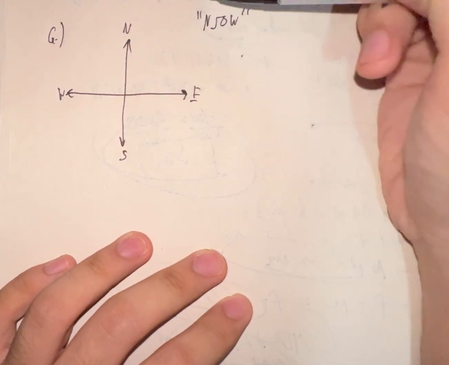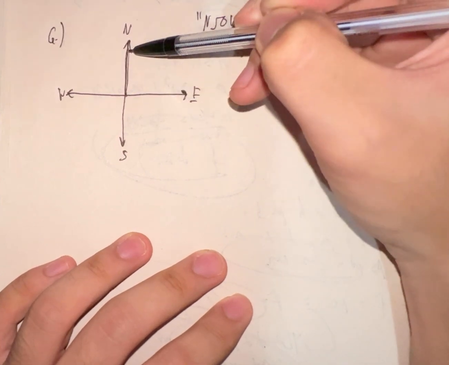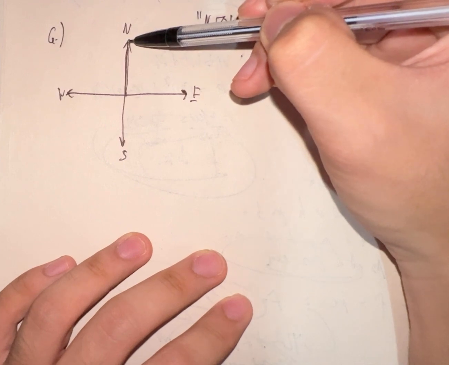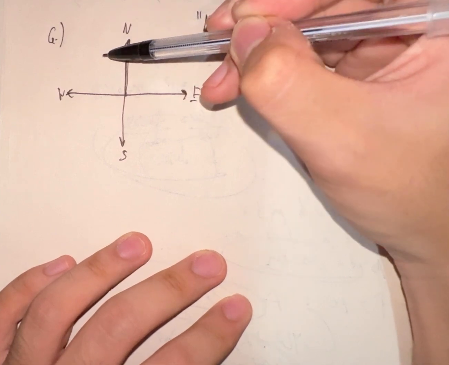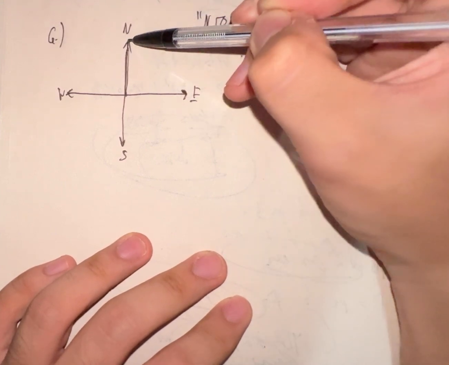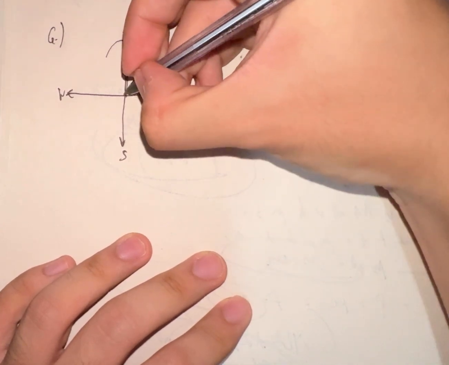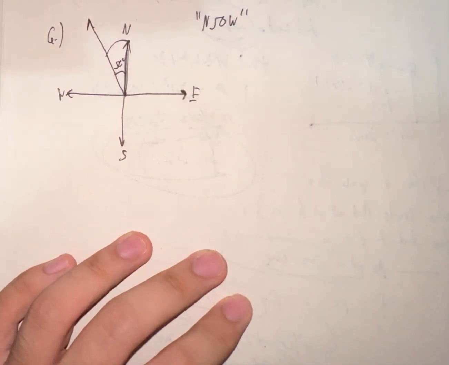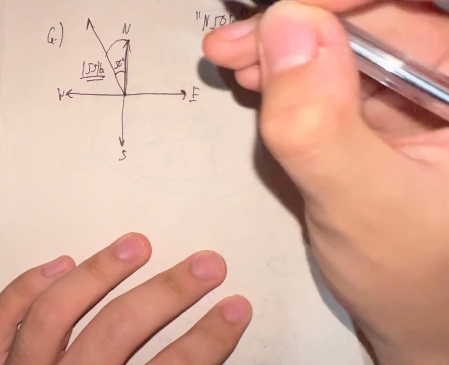We start with north, this is our north here, 50 degrees west. Which one here is our west? Obviously this. Since it goes from here to here, this is going to be our angle, 50 degrees west with the magnitude of 155 pounds.